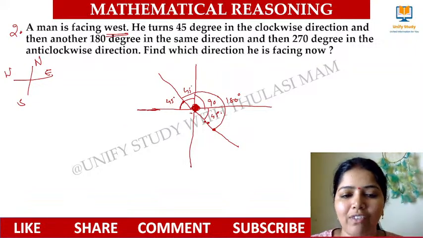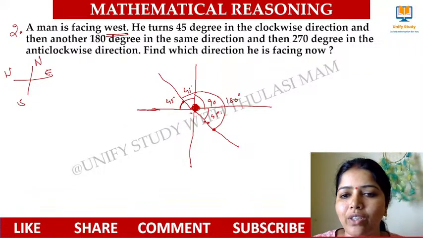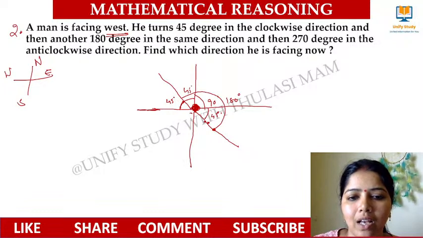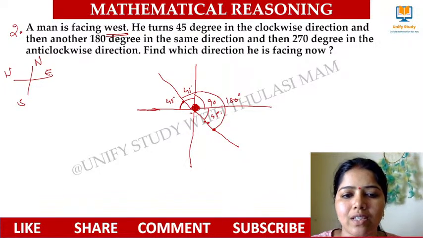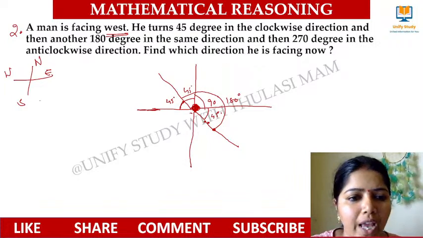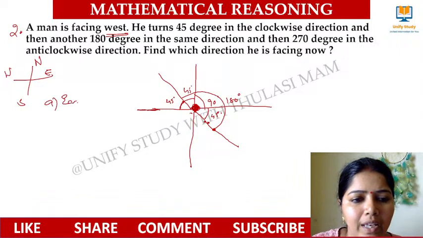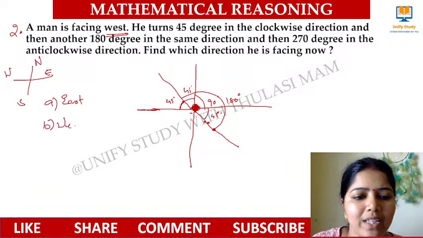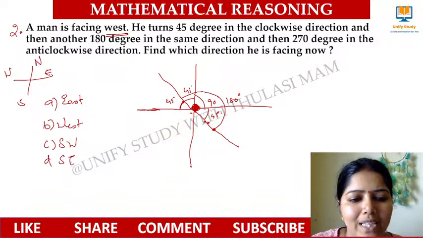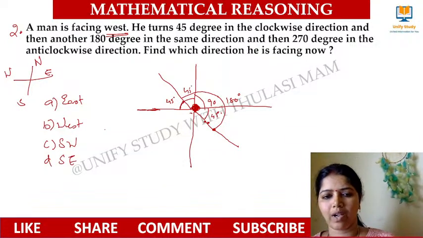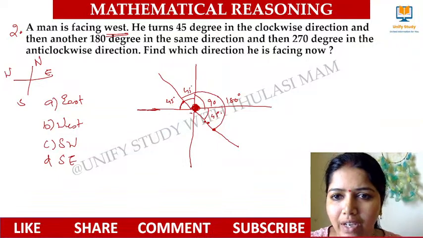Which direction will he be facing? I will give you the options. Try to write down the answers. Option A, east. Option B, west. Option C, southwest. Option D, southeast. So see, I have drawn till this line.